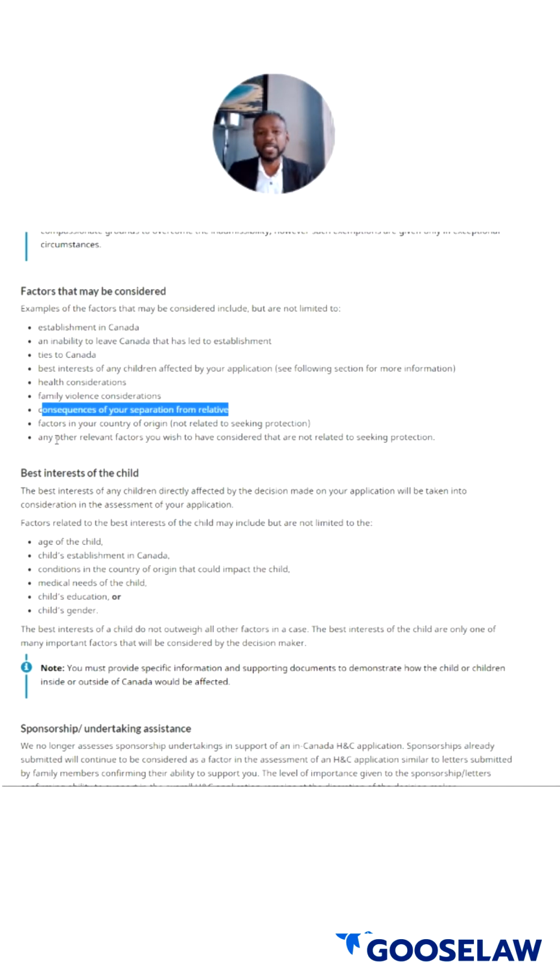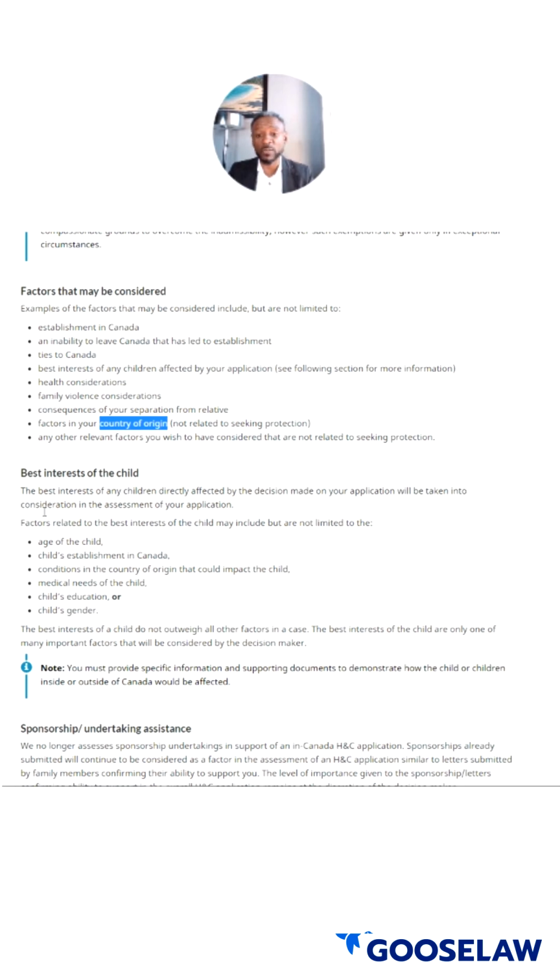That too is going to be taken into consideration. Factors in your country of origin. You know, if there's going to be undue hardship in your country of origin, should you have to return there, then that's a factor that would be taken into consideration as well. And in addition to those, we also look for any other factors that potentially could be taken into consideration when an application for humanitarian and compassionate ground is being submitted. So those are all important factors.